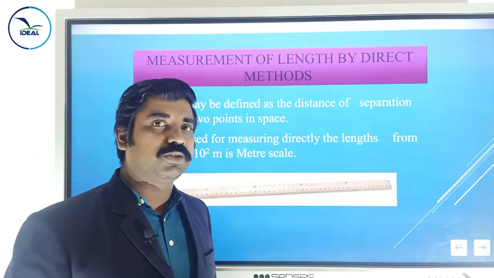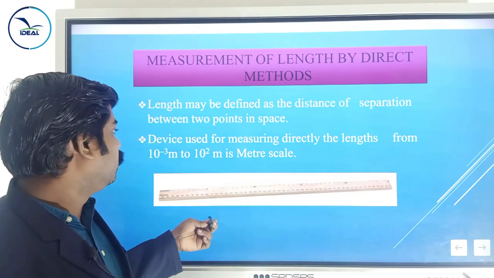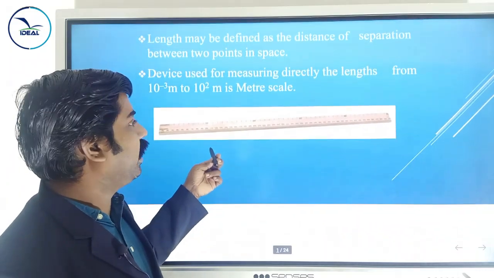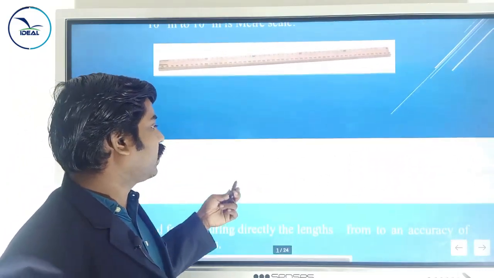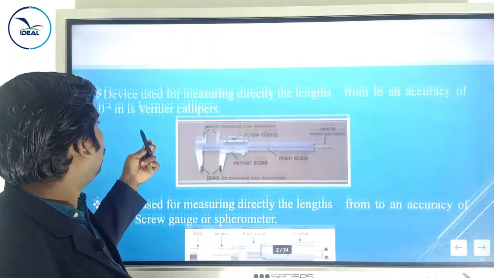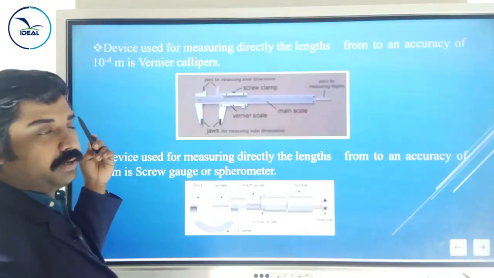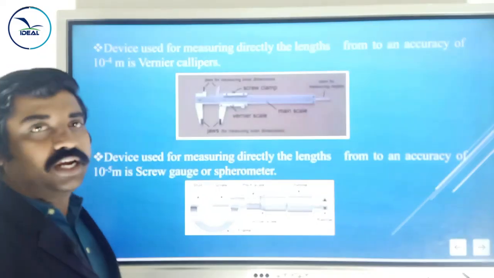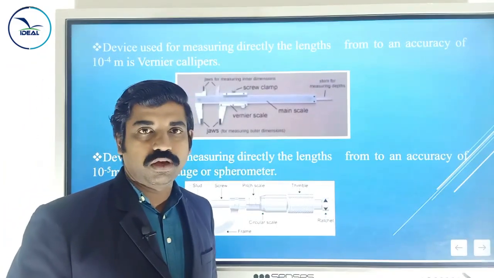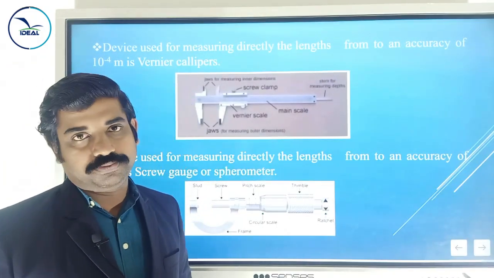There are some equipments for this. The first one: if we want to measure a quantity with an accuracy of 10 raised to minus 4 meter, meaning less than a millimeter, there we are using a device called a vernier caliper.